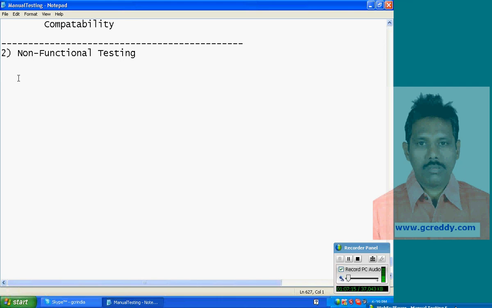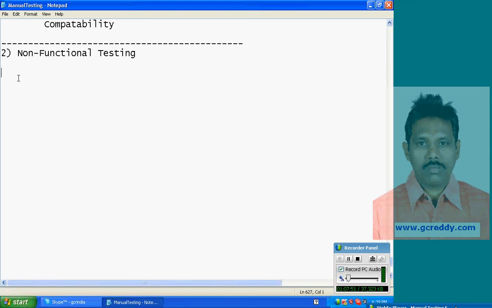If the system is providing correct output but slowly or fastly, that is secondary. But if it provides quickly, then end users can be satisfied. Suppose if it is providing wrong output, functionality wrong, but it is providing quickly, waste. If it is wrong output, providing quickly or slowly is a secondary concept.